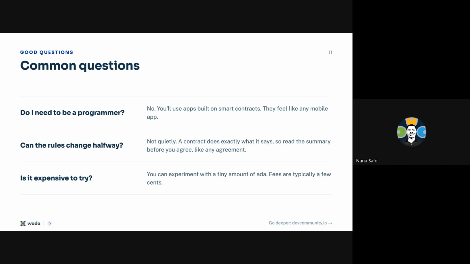So whenever I hear the term smart contracts, I think of it as something very technical that requires some form of technical know-how to interpret and engage with.